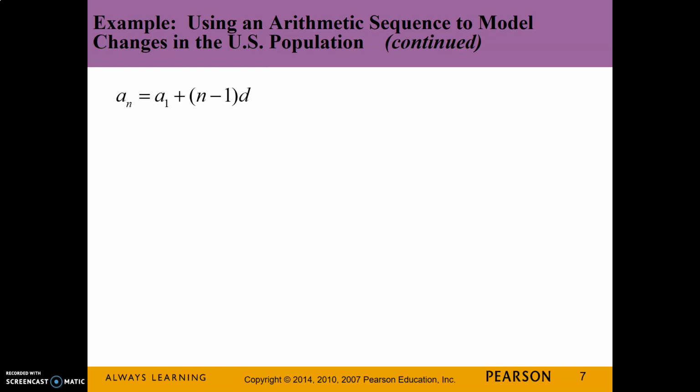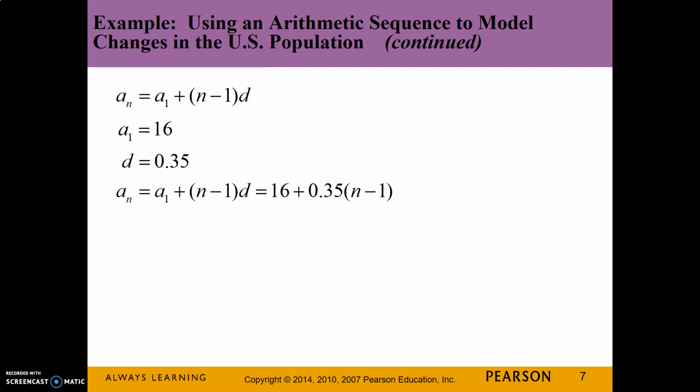We also know that the common difference, 0.35%, is what that pattern goes up by every single year. So we have a1 is 16, or 16%, and that represents the year 2010. Keep in mind, we're pivoting from 2009, so 2010 is 1 year after 2009. That's why it represents the first term. And of course, as mentioned, d is 0.35%.